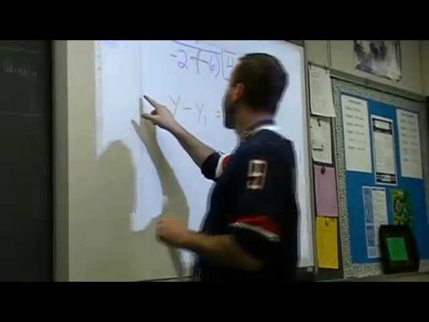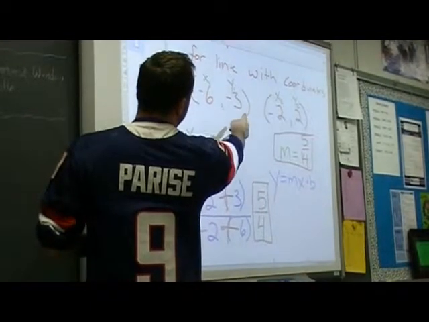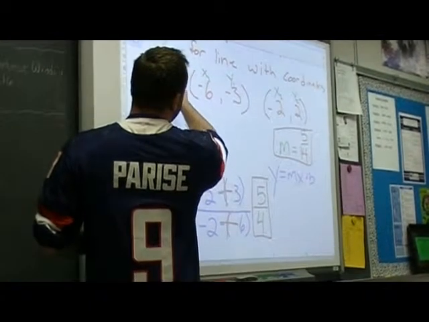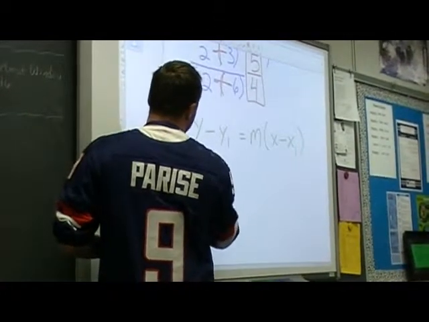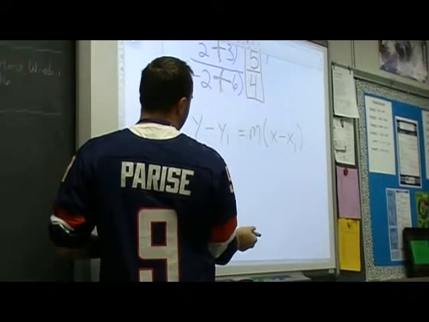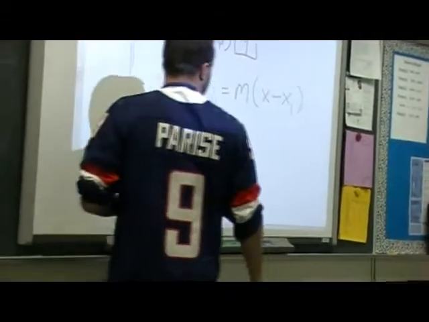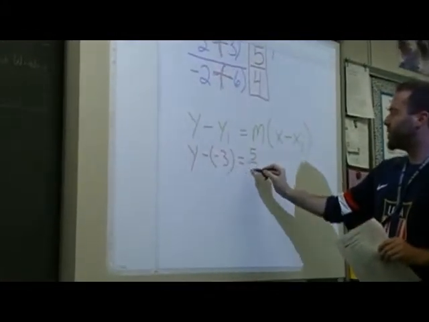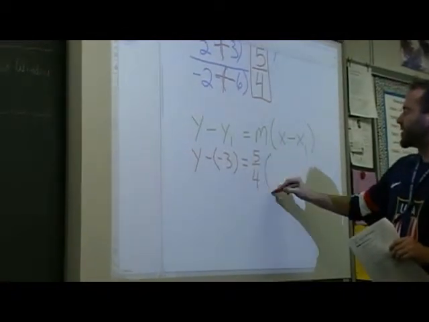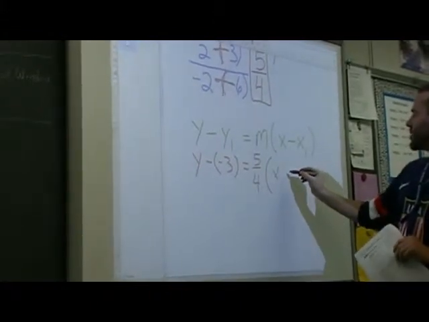We look back up here and ask, what is y1? -3. So I'm going to plug in everything I know. y, which I don't know yet, minus y1, which is -3, equals m, which is 5 over 4, and this is going to get distributed into this piece of the formula.